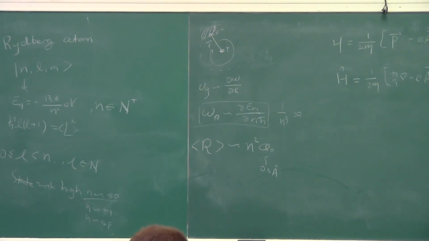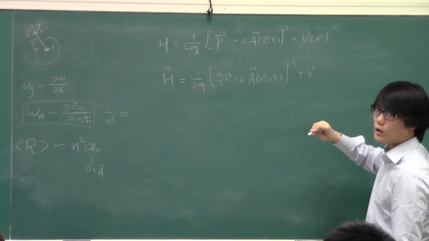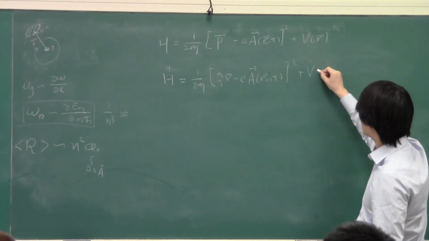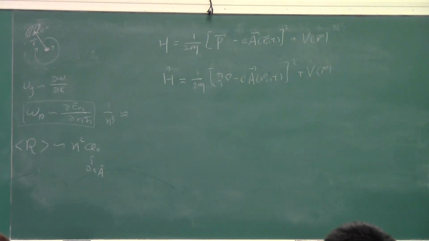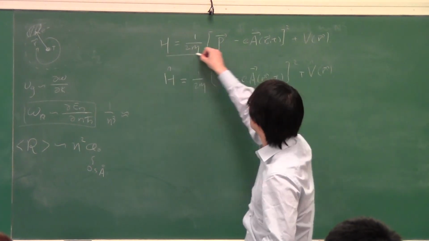And then V is an operator, but we know that it's just a function of the operator R. So let me indicate that it's an operator. So if we proceeded directly to quantum mechanics, this is what we would do. But before we did that, let's think about this Hamiltonian here.